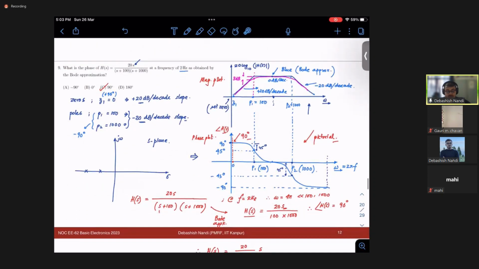Then we move on to the Bode plot. I have discussed how, with the Bode approximation, you can plot the Bode plot and simply the salient points, right? And the thing to remember is that when we are talking about this plus 20 dB, minus 20 dB, or plus 90, minus 90 in the phase, we should remember that we are discussing the left hand side poles, or the system is stable, right?